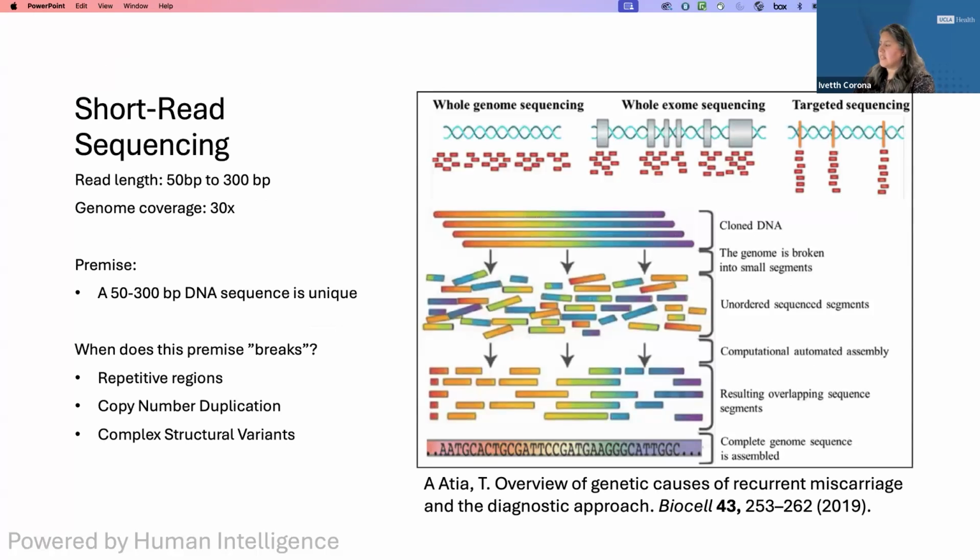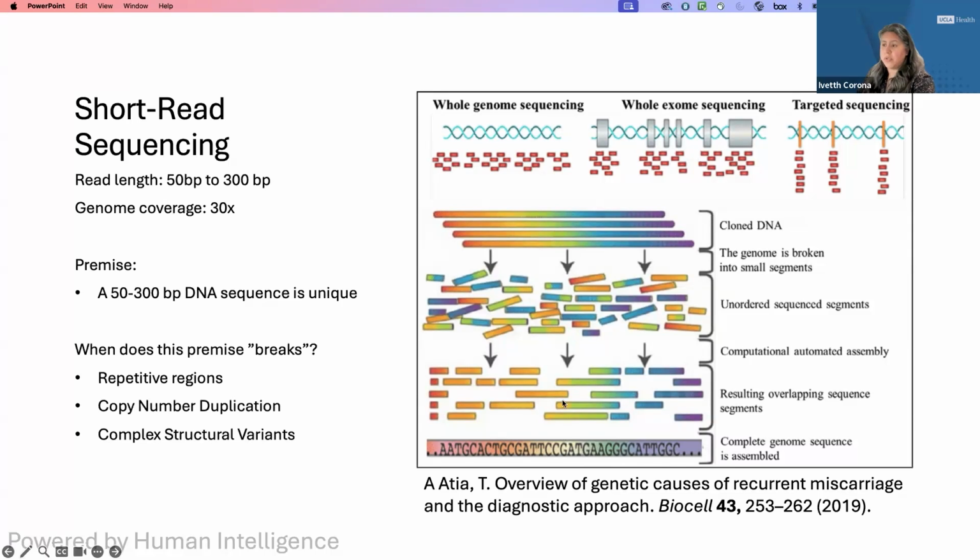This slide shows more or less how short-read sequencing is done. You have the genome, and then you fragment the DNA to be able to sequence it, and then sequence those reads, which can be from 50 base pairs to 200 or 300 base pairs, and then align them to a reference genome.